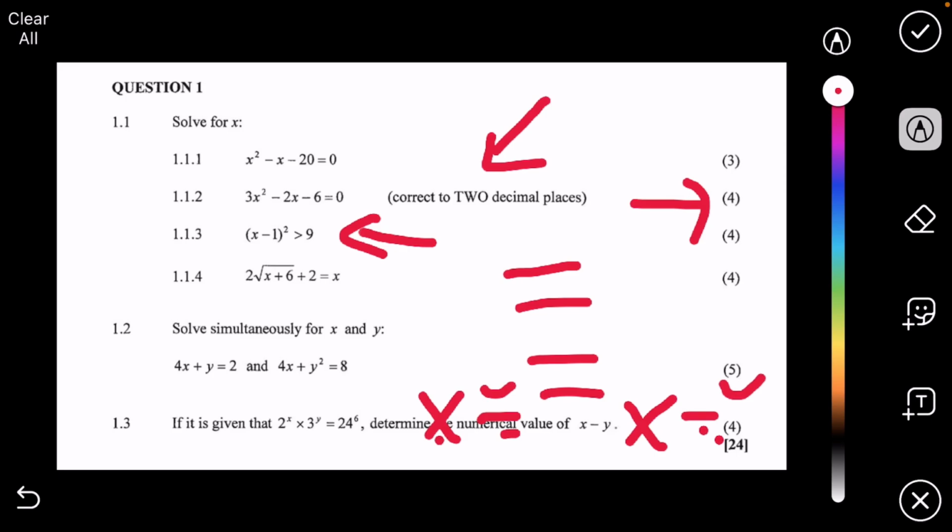The other mark might be coming from the correct substitution, and again the other mark might be coming from simplification. So that means you need to substitute into the formula, you simplify, and then you give the 2 values of x which are corrected to 2 decimal places. Very, very much important, ladies and gentlemen.